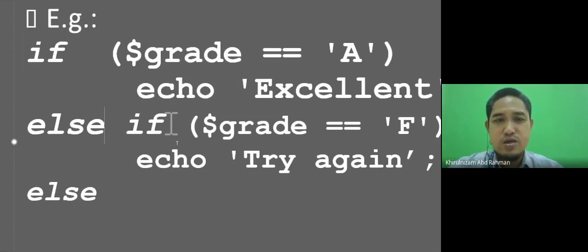So if red, then stop. Or else if you see that the light is green, meaning you can continue your journey, you can get through the junction.